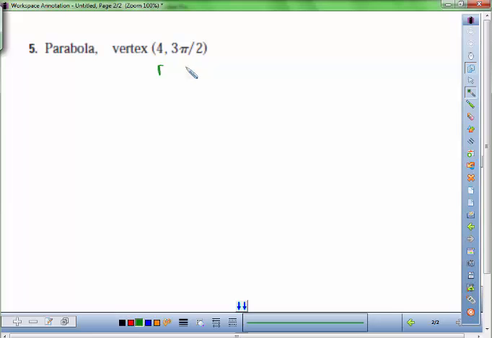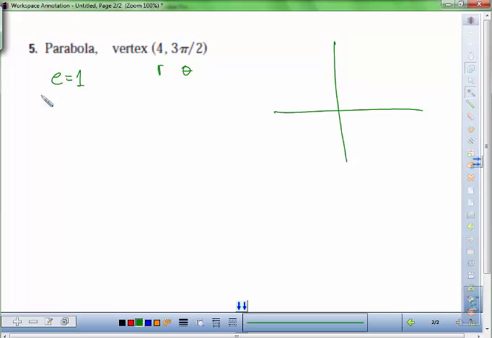This is your r and your theta. So what's that look like on the graph? Well, first of all, it's a parabola, so we should know what the eccentricity is, right? What's the eccentricity? E is equal to 1. So let's keep that piece of information ready for us.